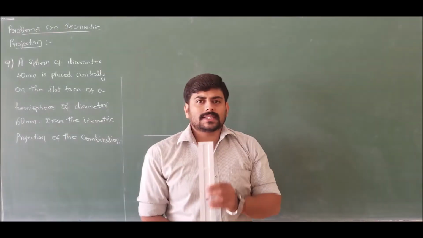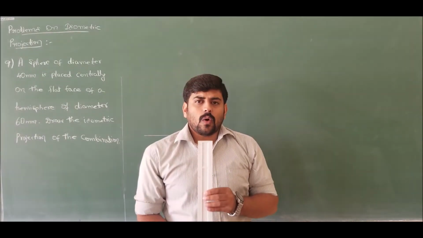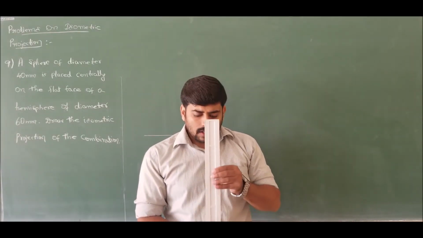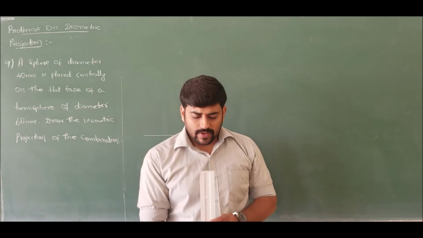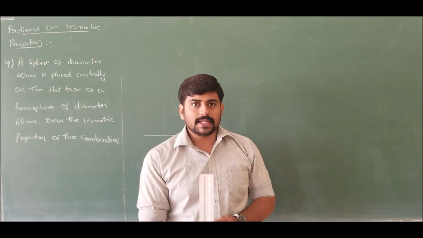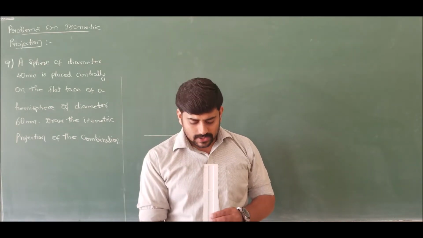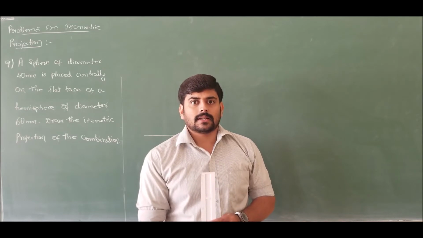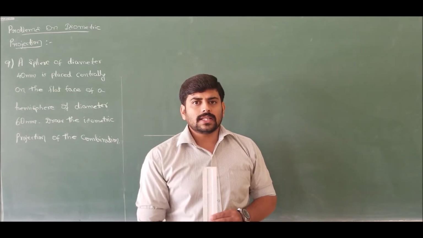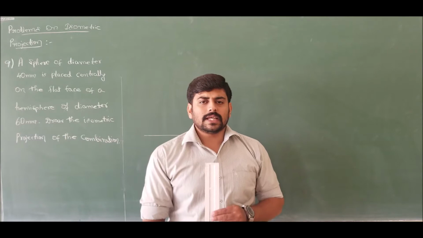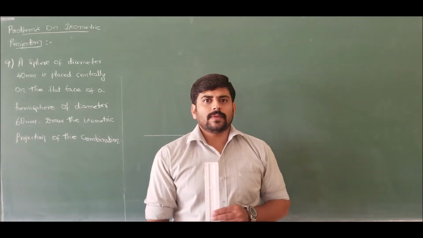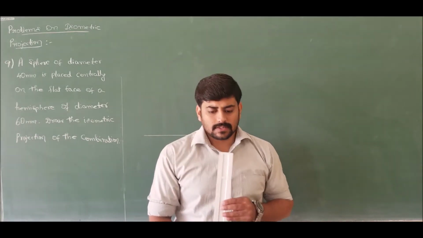when I rest this sphere over a hemisphere on a horizontal plane, and if I look at it from the top, I can see the sphere as a circle and also the hemisphere as a circle. So therefore, first draw the hemisphere, which is nothing but a circle of diameter 60 millimeters.